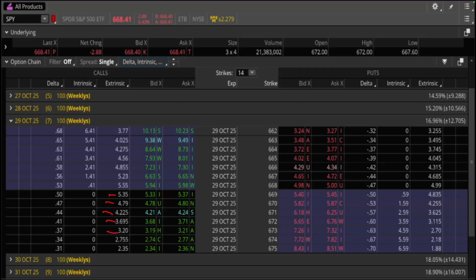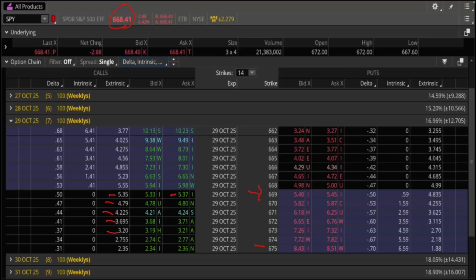What they're saying is, in the next 7 days, it's possible that the stock could increase in price. As it increases in price, this option will potentially gain intrinsic value. You'll notice that because the probability of it going from 668, where it's currently at, to 669 is greater than it going from 668 to 675, you are paying more for the 669 than for the 675.